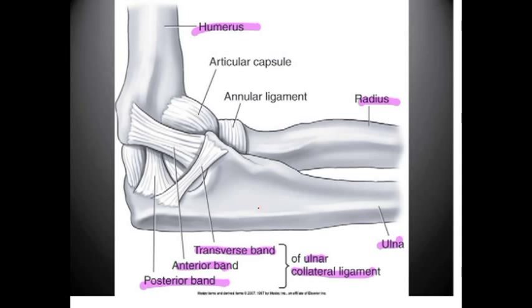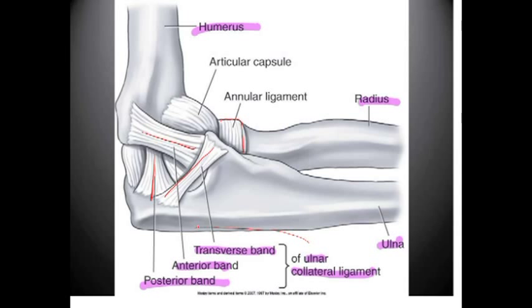Here is a demonstration of how the elbow is actually held in place. We have several ligaments. We have the ulnar ligament, kind of going over the radial head. And then we have the transverse band, the anterior band, and the posterior band, trying to help hold the elbow in place.